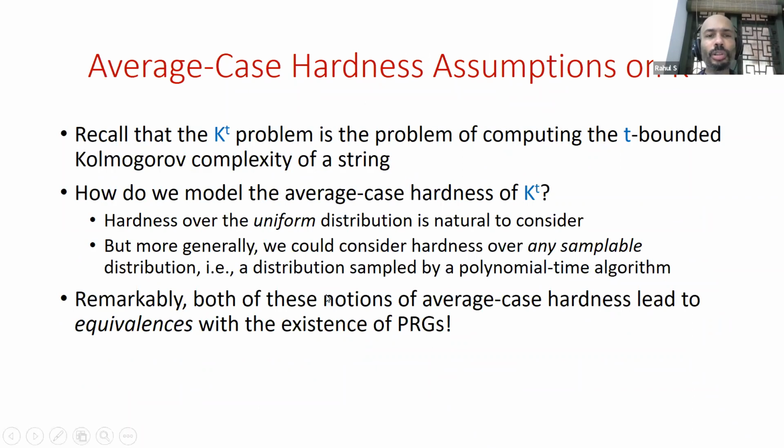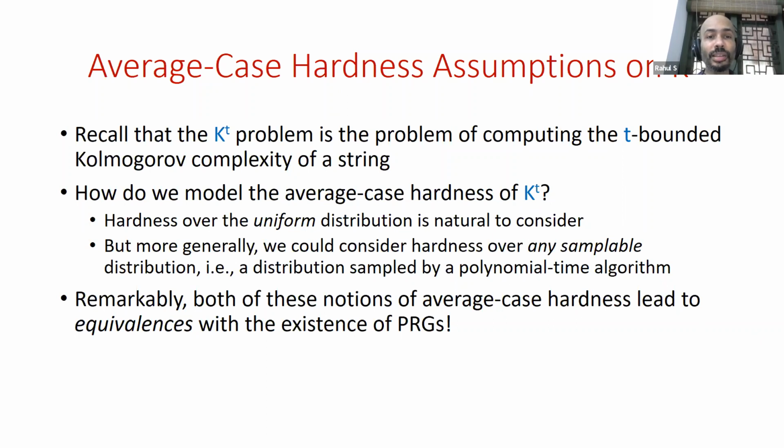So you recall that the K superscript T problem is the problem of computing the T time-bounded complexity of a string. Now, we want to consider the average case hardness of the K superscript T problem. And what do we mean by average case hardness? You've got to specify a distribution if you want to make sense of the notion.